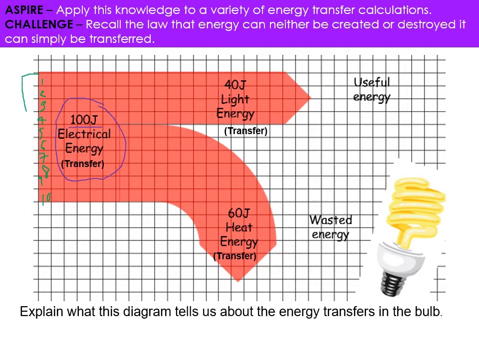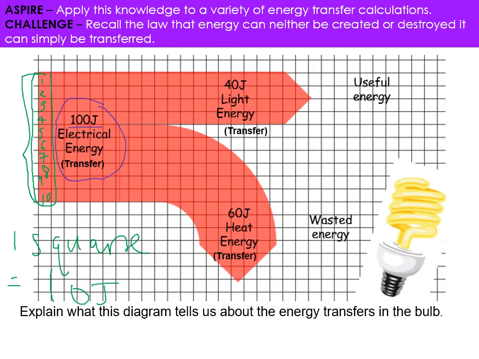So we've got 10 boxes there. Now, this is like a histogram. This is actually to scale. So we've got 100 joules and then we've got 10 boxes. So basically each box is worth, so 1 square is equal to 10 joules. Okay, that's what that tells us.